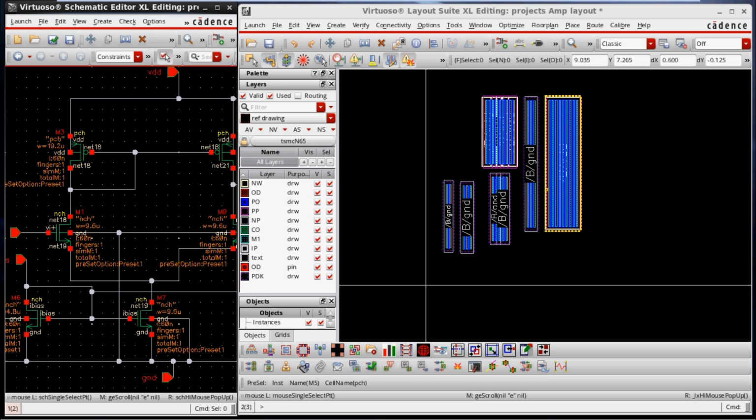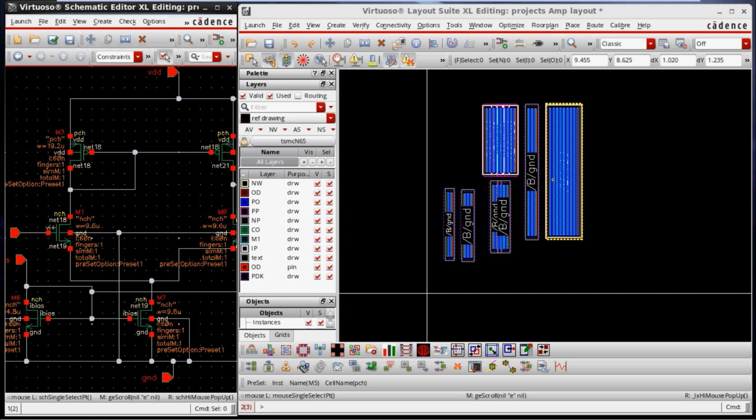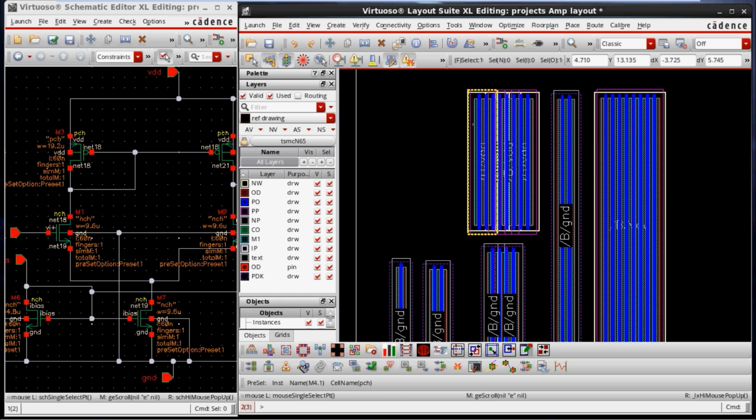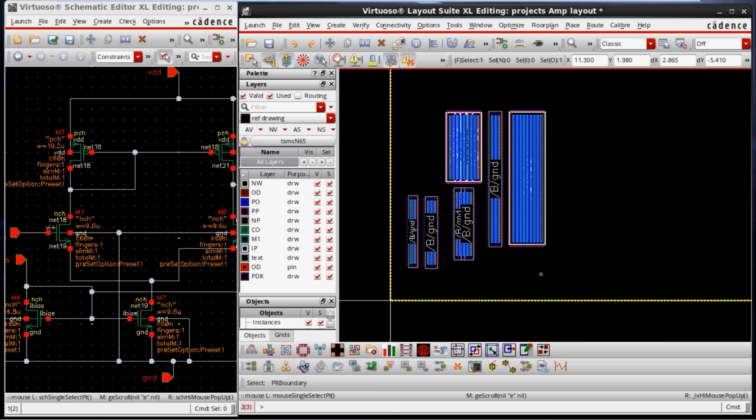We cannot go with the same W value. We can, but instead of going with such a huge W value, since we have some area constraints, suppose you are bounded to a boundary with some area, we can go for these kinds of methodologies, converting the device into multiple numbers of fingers and multiple numbers of multipliers. So even if this area is not sufficient for us, still we can further reduce the device size.